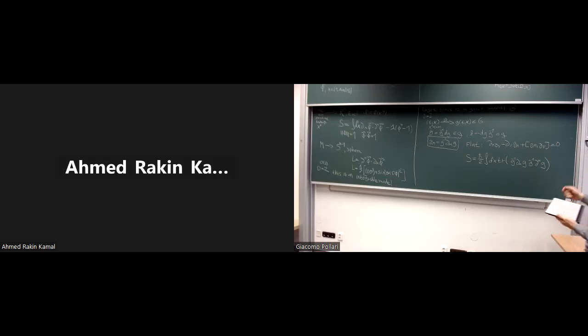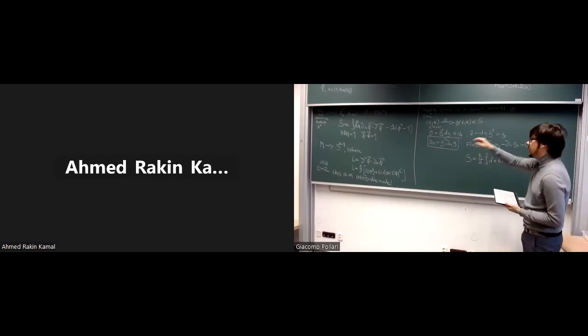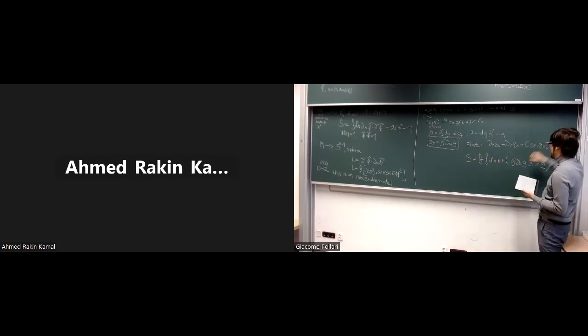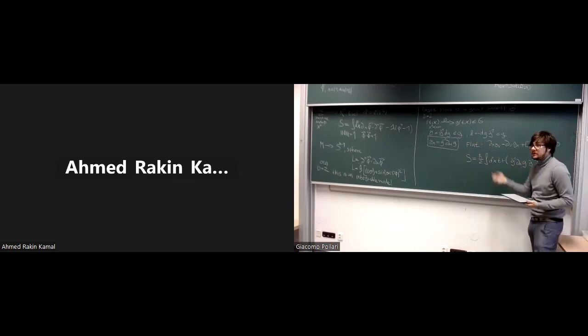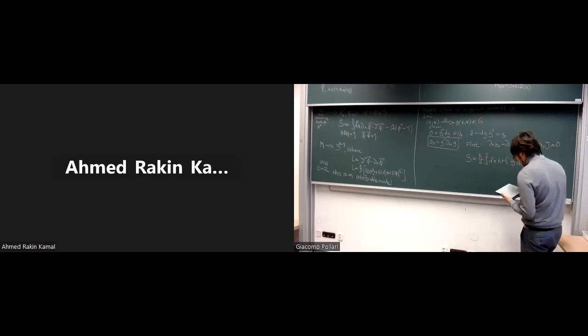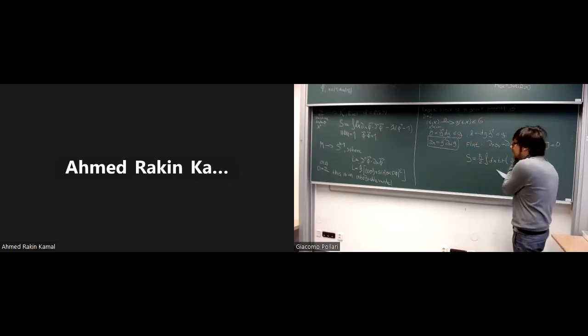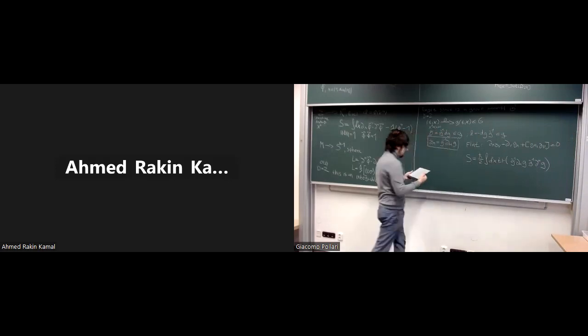But you can also view this as a standard sigma model. You look at this g to the minus one, and you just expand it in the Lie algebra basis.